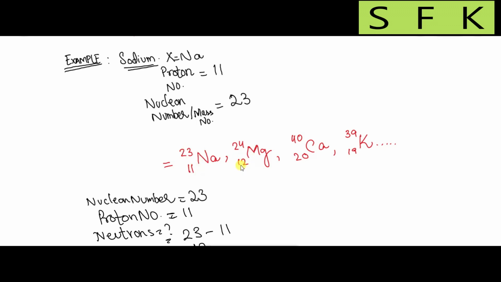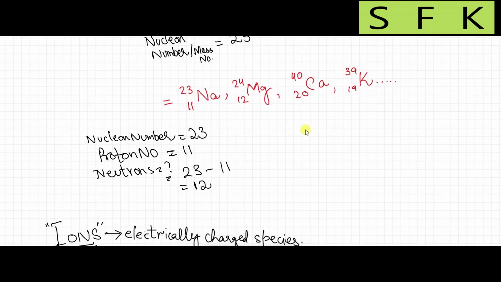Magnesium, 12 protons, Mg being its symbol, 24 being the nucleon number. Calcium, 20 being the proton number, Ca being the symbol, and 40 being the nucleon number. Potassium, 19 being the proton number, K being the symbol, and 39 being the nucleon number.